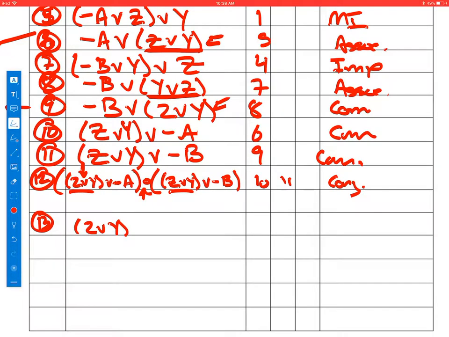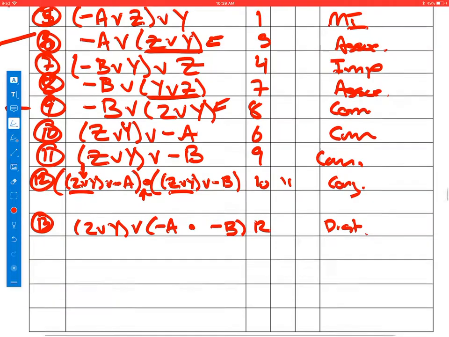So let me skip a line. So I'm going to undistribute the Z or the Y to the not A and to the not B. The major operator becomes the minor operator, and the minor operator becomes the major operator. And this is 12 distribution.